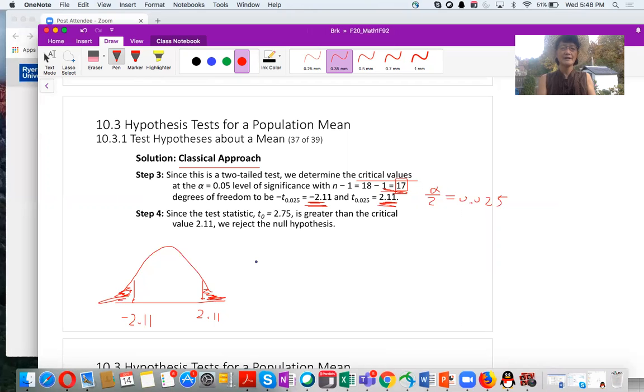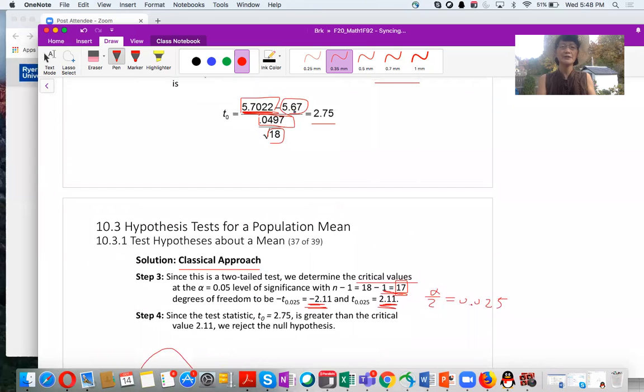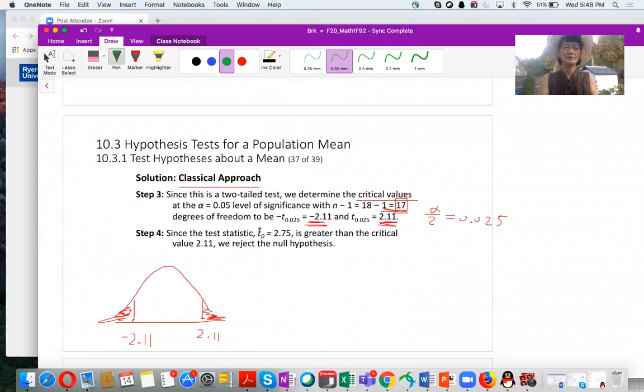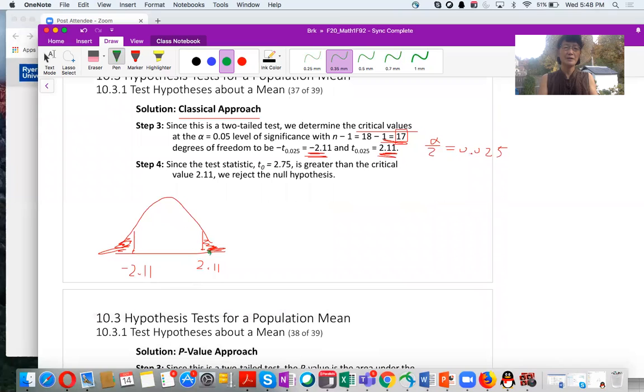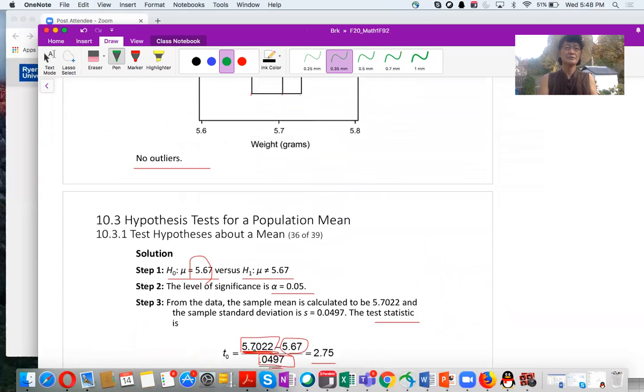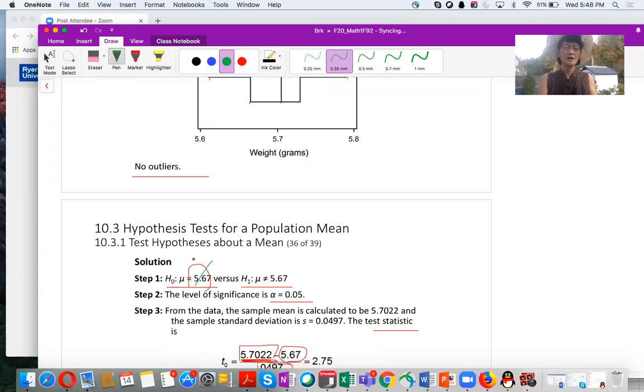Then label the test statistic 2.75. 2.75 is in the rejection region, so you reject H0 and conclude the population mean is not 5.7567. So that is the classical approach.